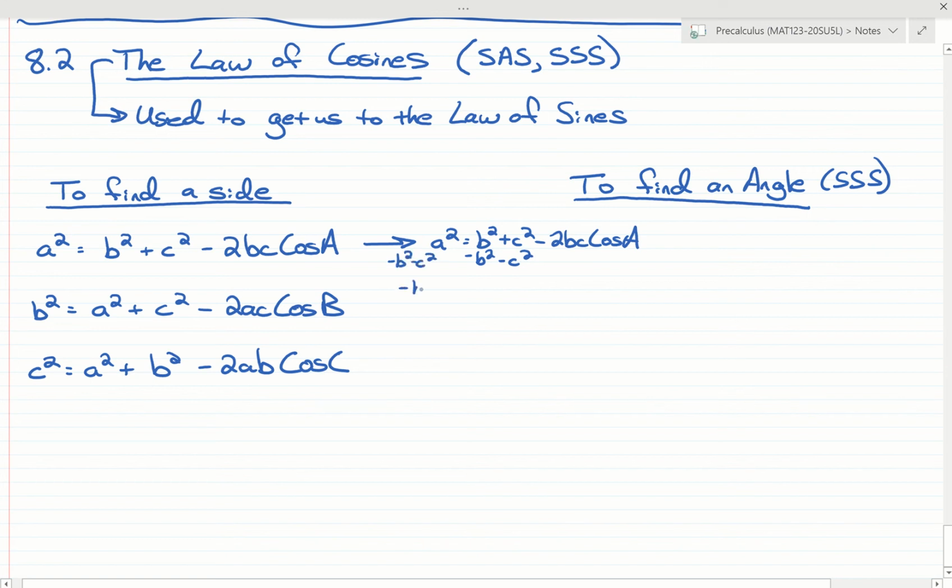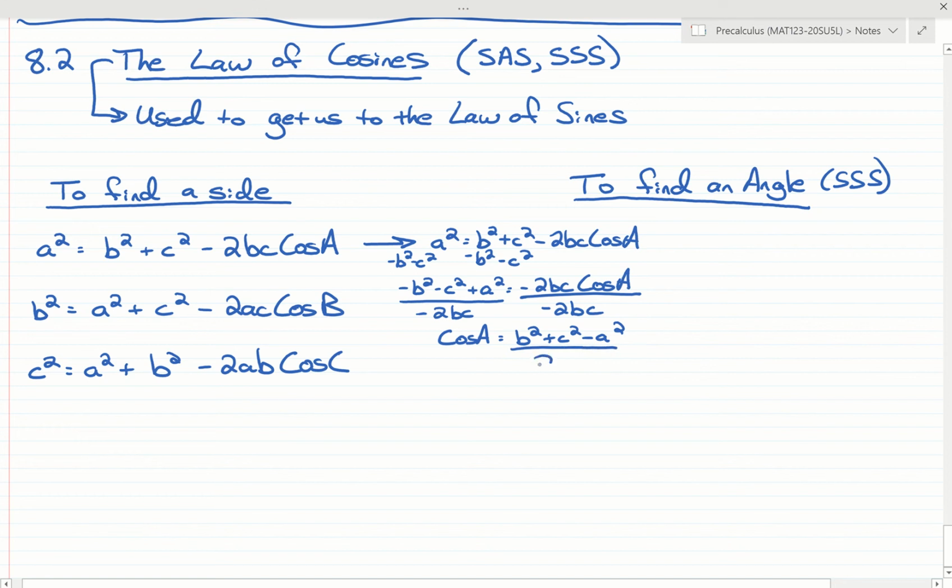So we get negative b squared minus c squared plus a squared is equal to negative 2bc cosine of angle A. And then we could divide both sides by negative 2bc. And we'd get that the cosine of angle A is equal to, well, if we distribute that negative to the top and bottom, we would get b squared plus c squared minus a squared over 2bc.